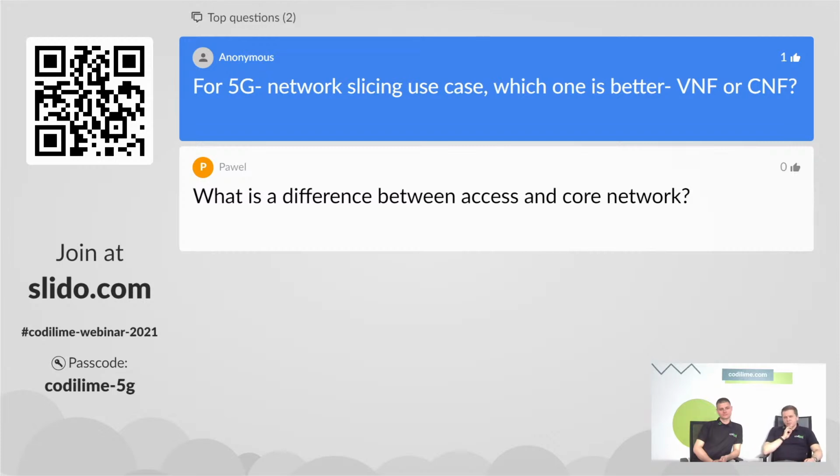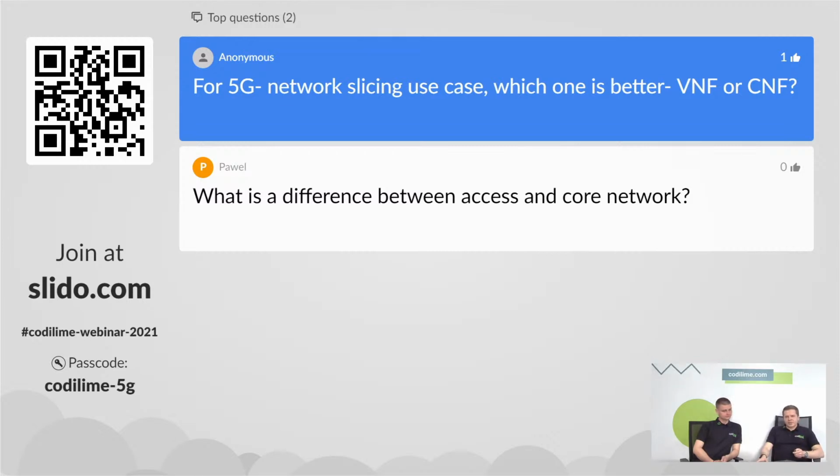The general difference between VNFs and CNFs is that CNFs are more lightweight and we'll be able to bring them up faster, and also if we are able to decouple the multiple functions that were in the VNFs into CNFs, then we'll also be able to scale a particular part of the network or the services more granularly.